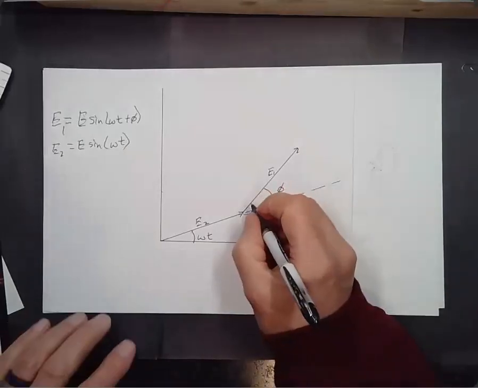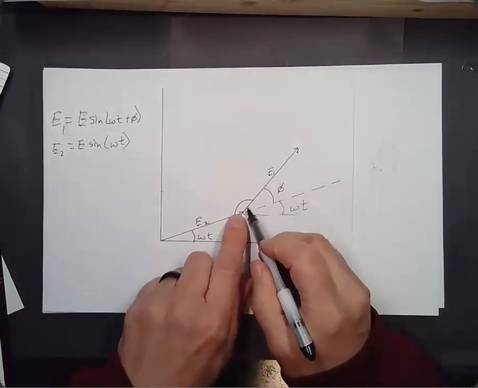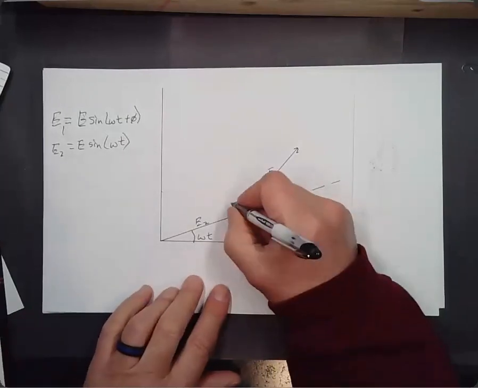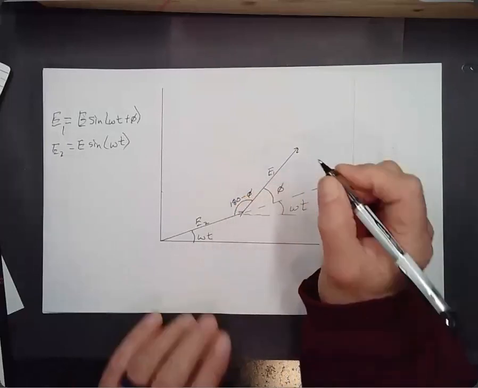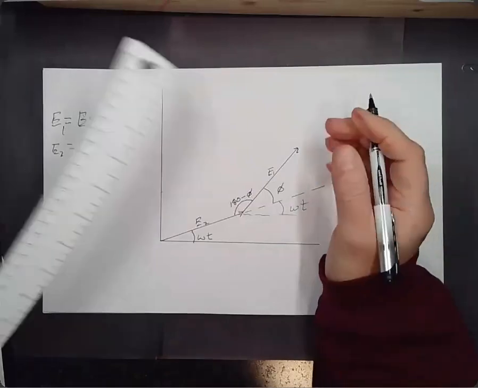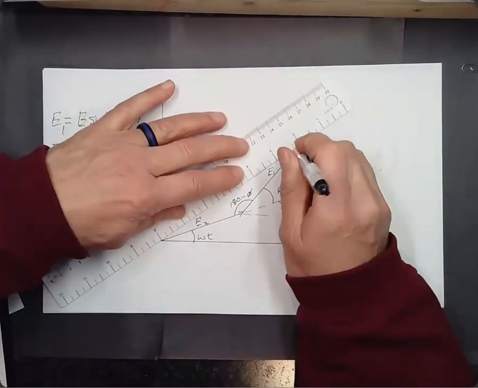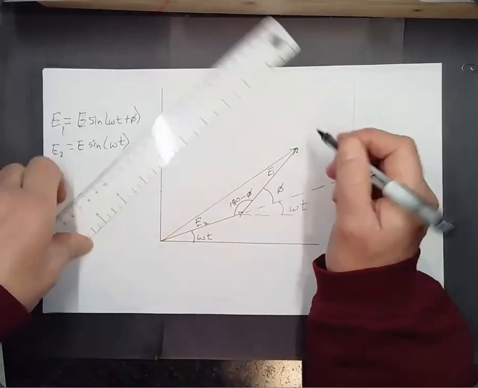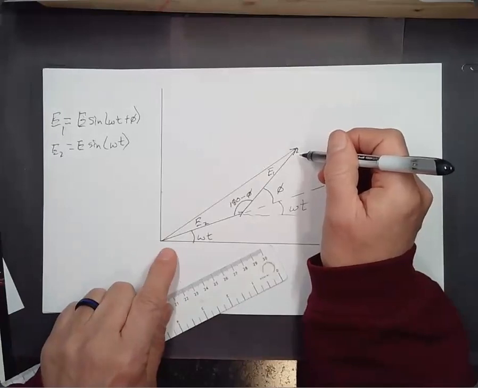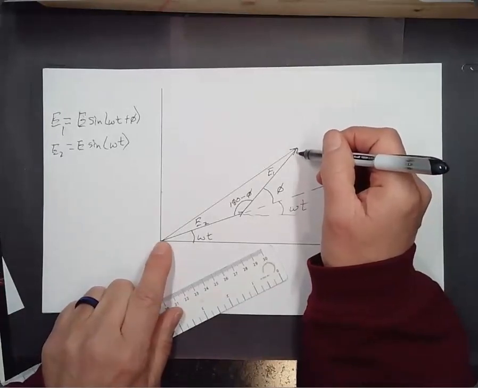Well, let's see. This angle here is actually 180 minus phi. Let me write that in here. And I would like to know this, the resultant here. I could think of it as the product.